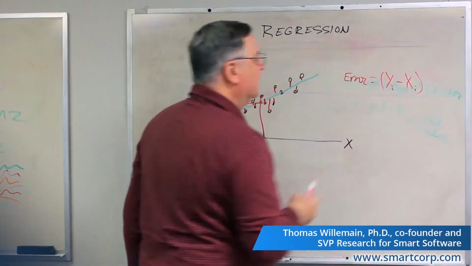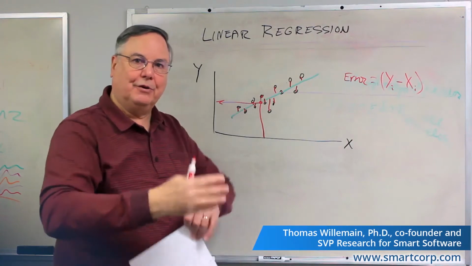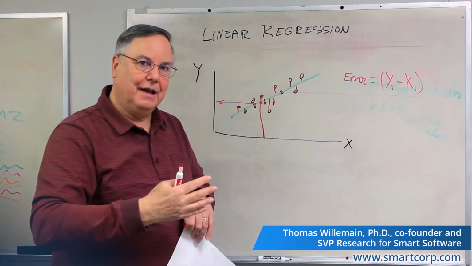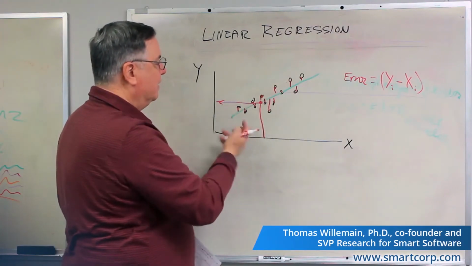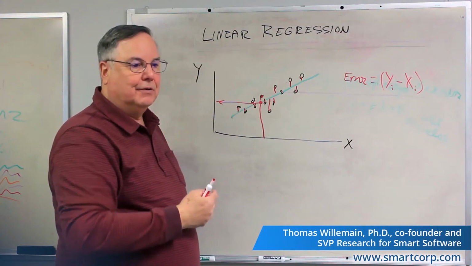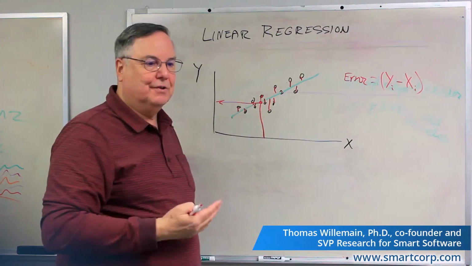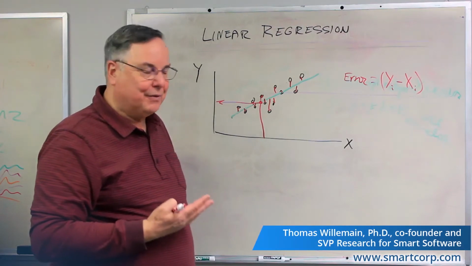And the problem is, some of them will be positive and some of them will be negative, and so they'll offset each other, and they'll kind of cancel each other out. All these that are above the line are going to be matched by some that are below the line, and it'll just say, well, you're close to the total, but you could be far off for everything.